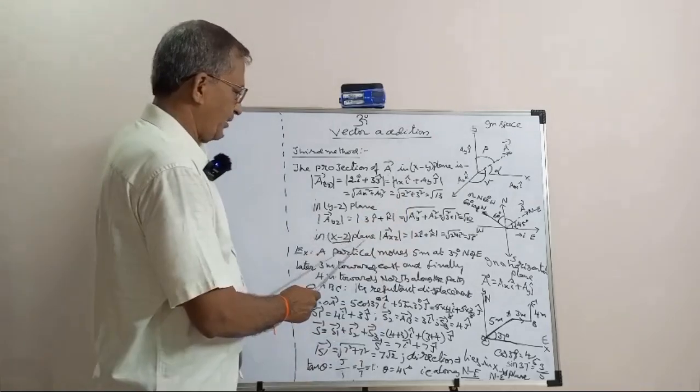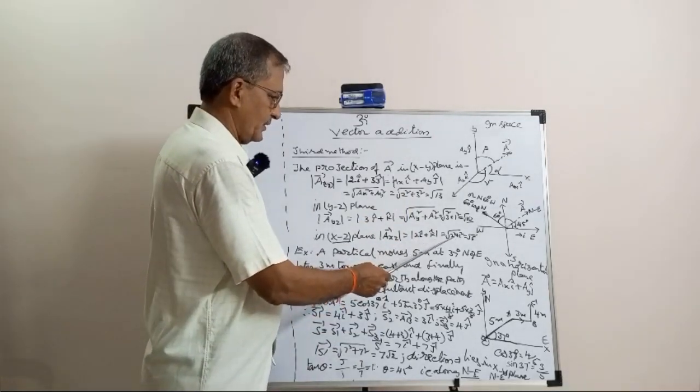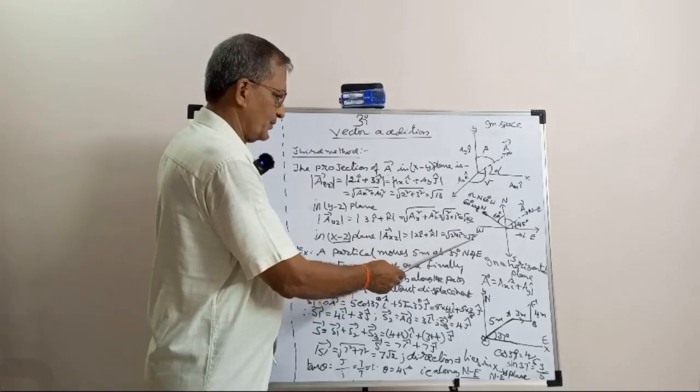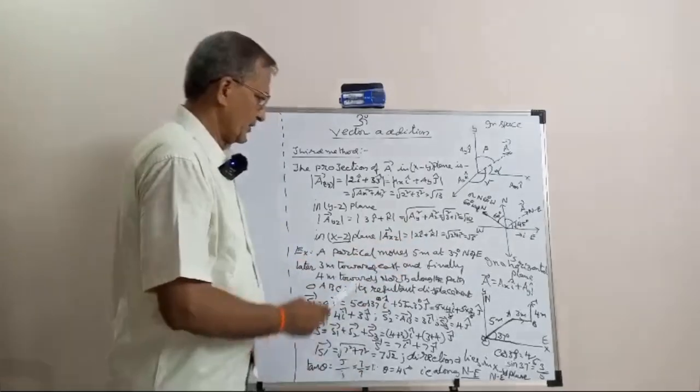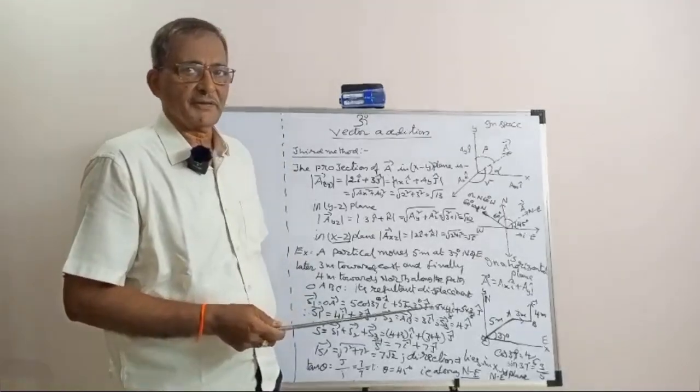And in the xz plane, it is 2i cap plus k cap, which is 2 square plus 1 square under root, it is root 5. So this is about the different forms of questions on the position vector.